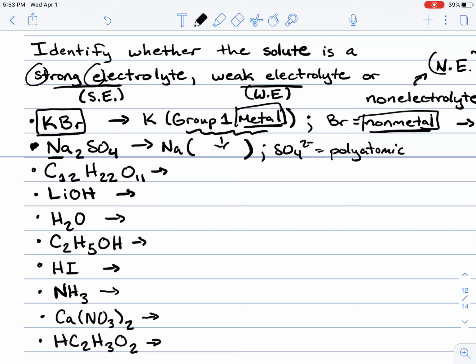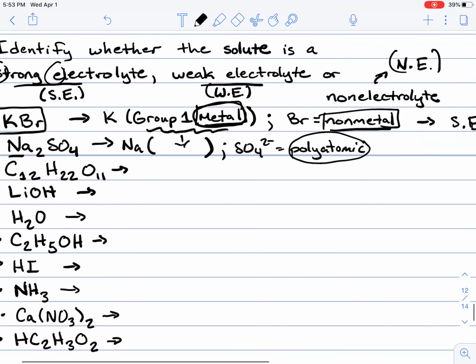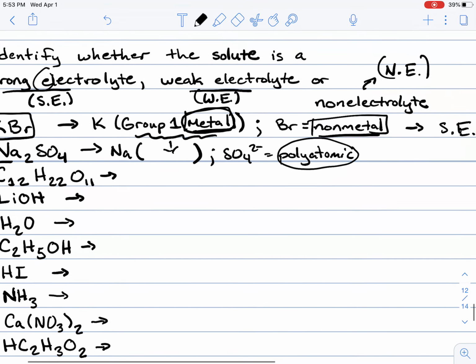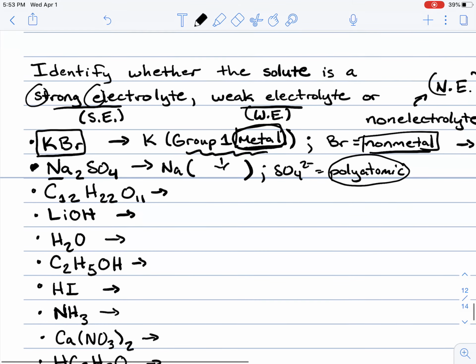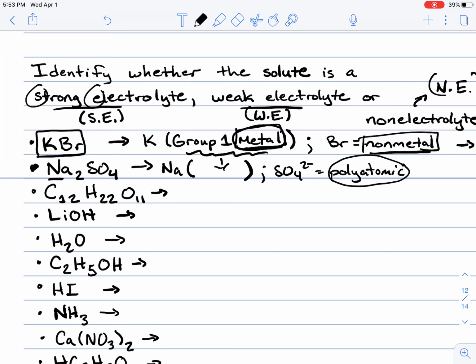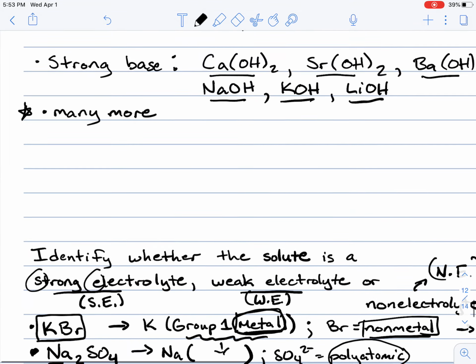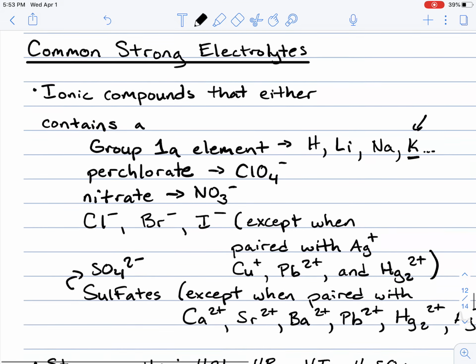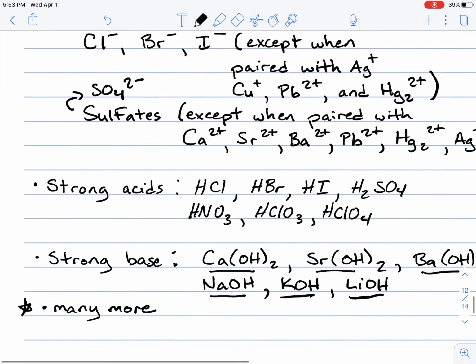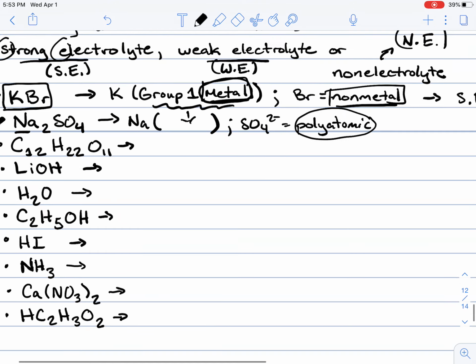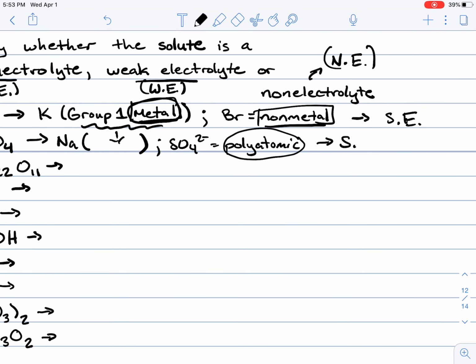So since we have a metal to a polyatomic, this is going to fall under electrolytes. Now that we have identified that Na2SO4 is an electrolyte, we need to determine if it's a strong electrolyte or a weak electrolyte. If we look at our list of strong electrolytes, if your ionic compound contains sodium, then that ionic compound is going to be identified as a strong electrolyte. And so our final answer is going to be SE.